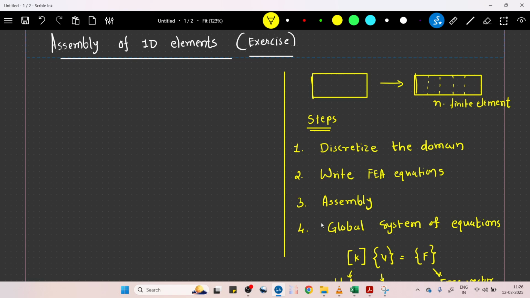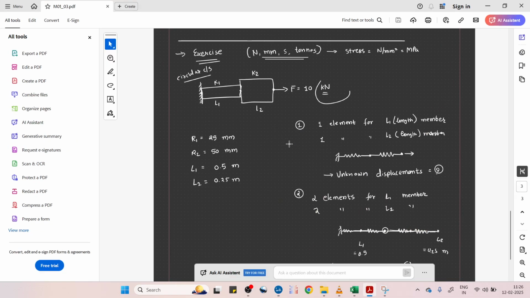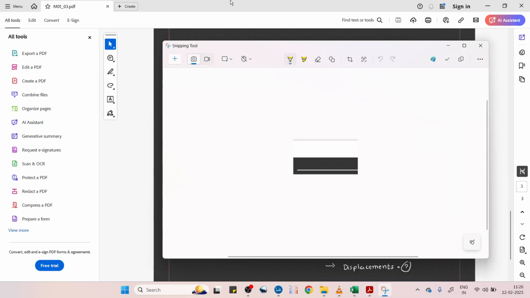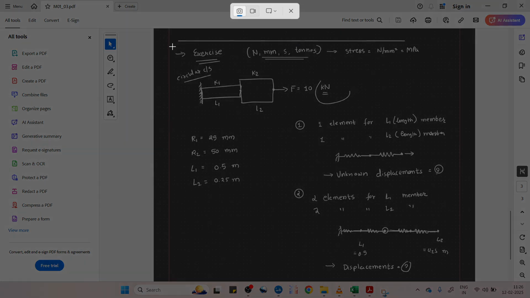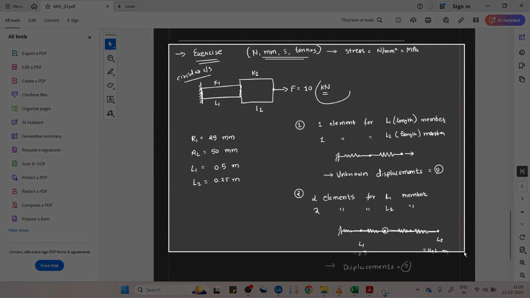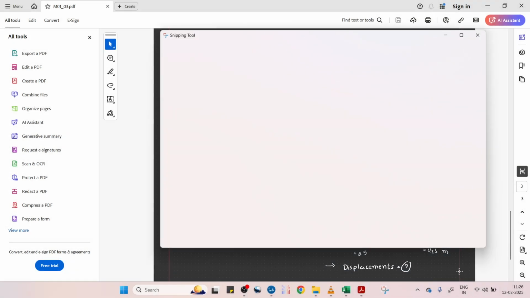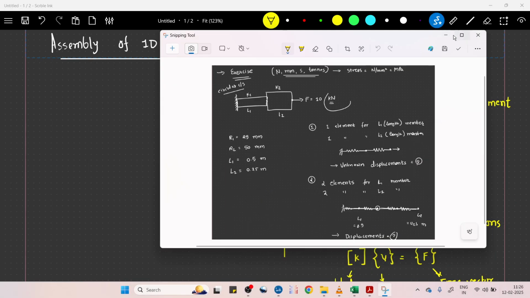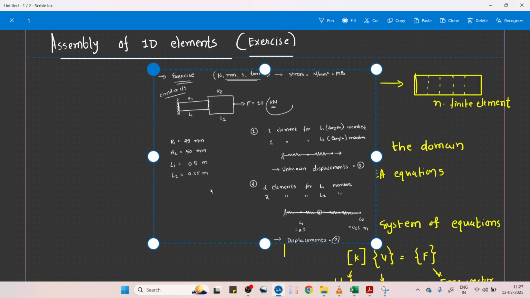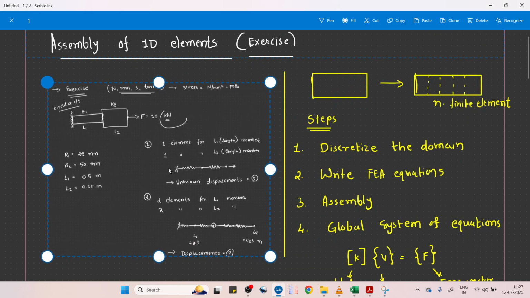I'll try to give the solution for that. I will not solve it completely, but I will just give the hints. Let me open that. So this was our problem.